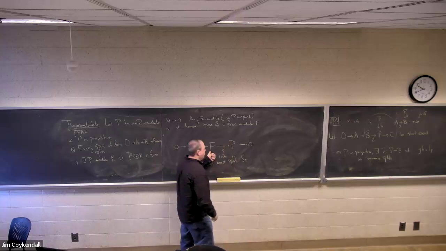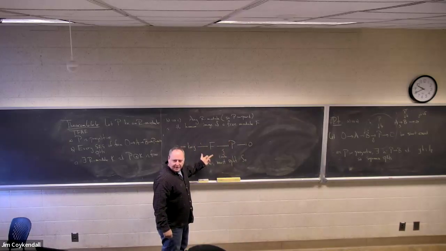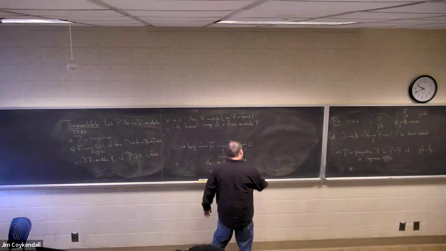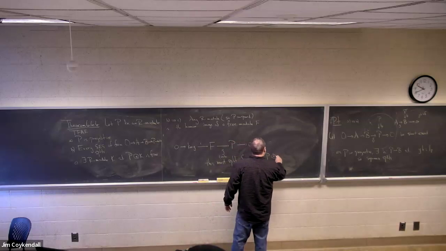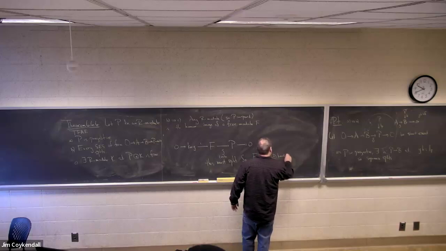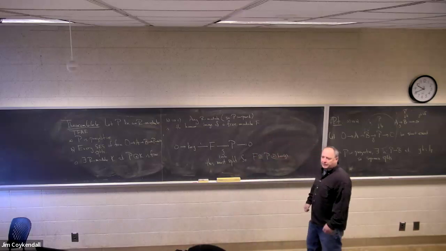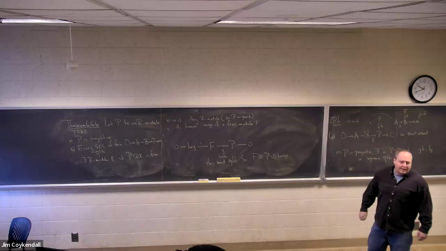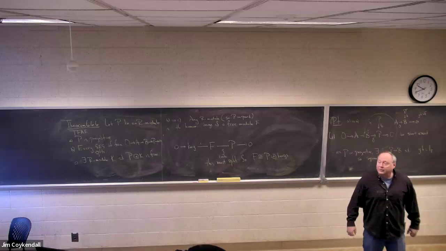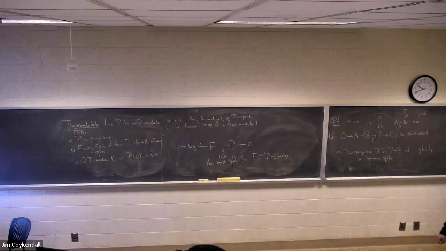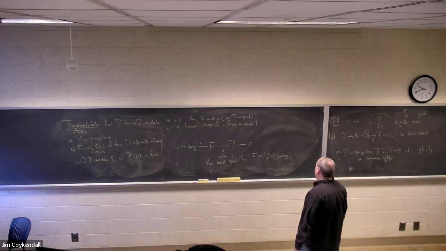So what is true when a sequence splits? The middle piece is isomorphic to the direct sum. So there you go. It has a projective module, it's a direct sum in there. This does not mean it's free, and I'll come back to that in a moment.